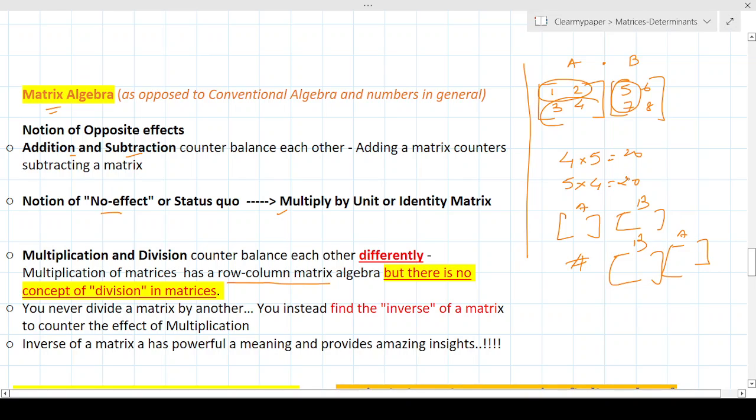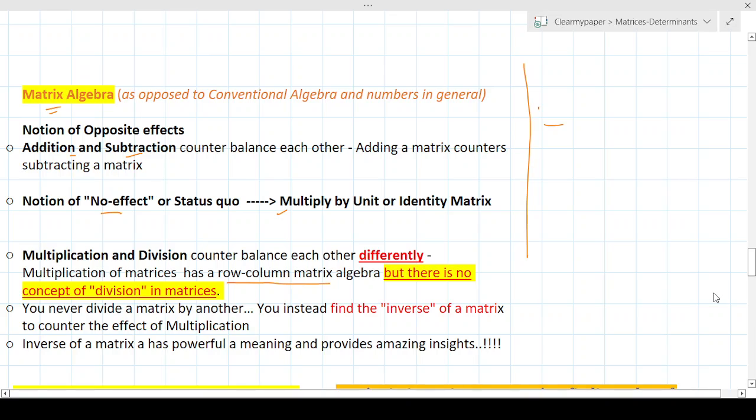The difference is in the concept of division. So far, you would have never seen something called division of matrices anywhere, which is kind of interesting. We have the equivalent of all the conventional algebraic operations, but we don't have anything for division in that true sense. But we have something which fills that void in a different way.